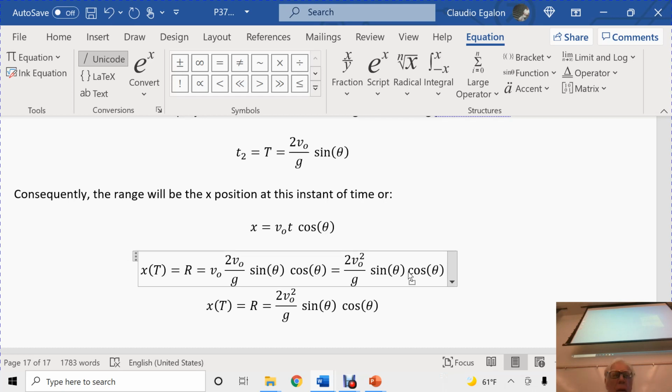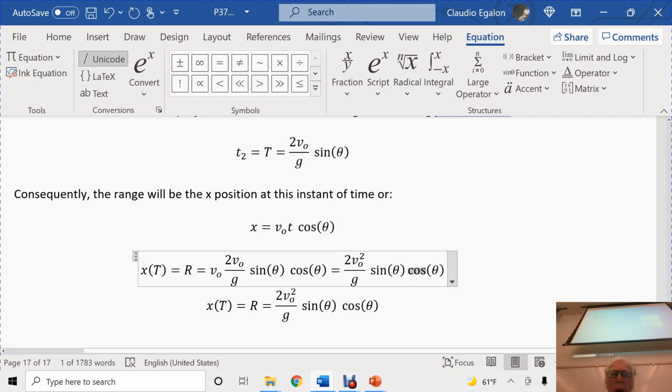Sine square? Yeah, we have theta repeated here in the sine and cosine. You have a sine and you have a cosine, so it's going to be something related to sine of 2 theta. There are those relations out there in math.